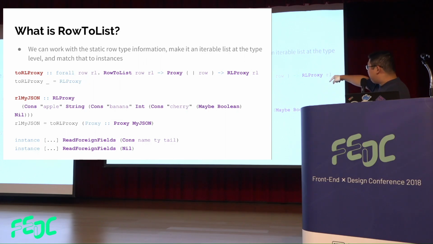So if I pass into this function a proxy of my record, so just the type-level evidence carrier for my row type, then it can give me this RL that I can use in other contexts. So what does it mean? It means that there are actually two different stages that go on here, right?